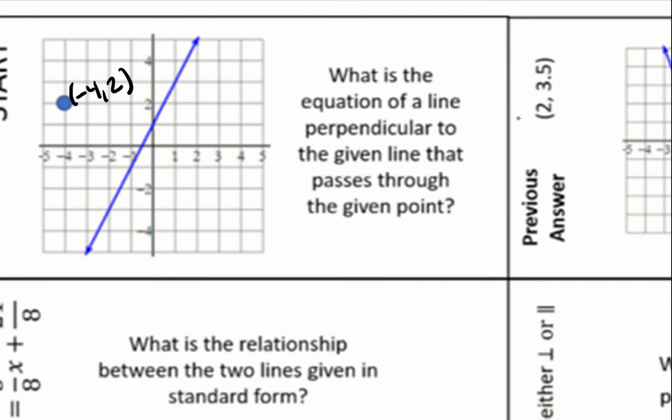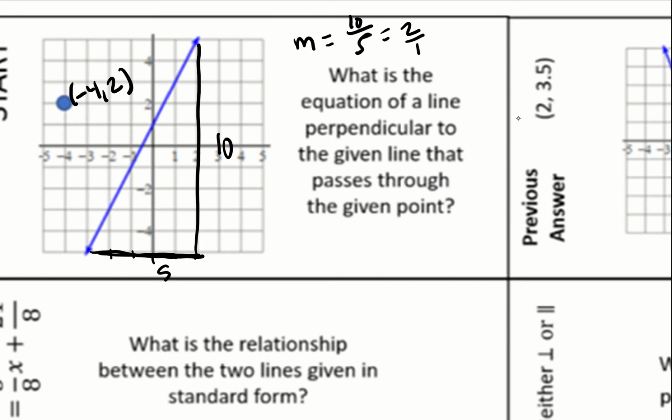So we need to do a rise over run. So we're going to figure out the slope. In this case, this graph runs a distance of 5, and it rises a distance of 10. And so the slope of this line is 10 over 5, which is 2 over 1.